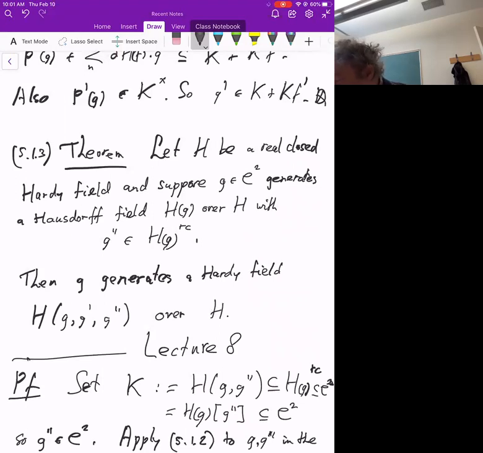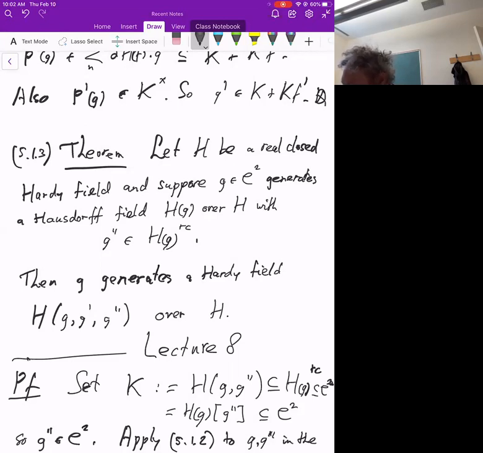So then H would have to be an R tilde Hardy field, which is a model of T, and you have a germ little g, which generates an R tilde domain over H, such that g double is in the T closure of that. And then it would be interesting to show that g generates an R tilde Hardy field again over H.